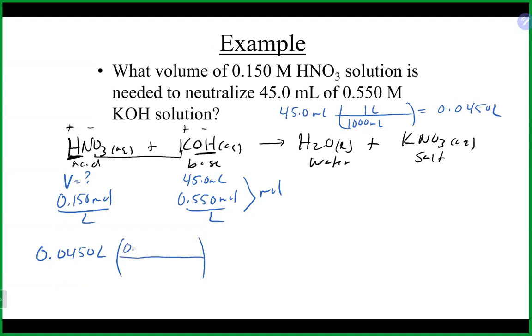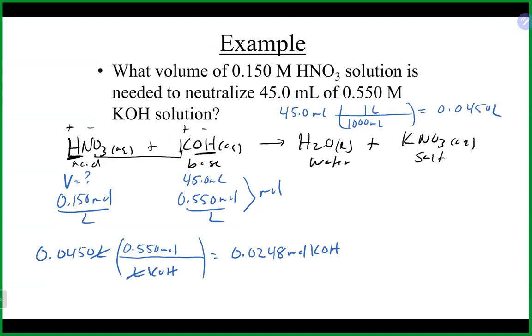So we're going to use the molarity of our KOH. The liters here will cancel, and that will get us 0.045 times 0.550, to give us 0.0248 moles of KOH.